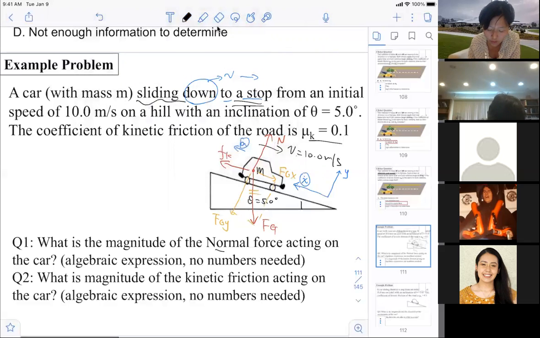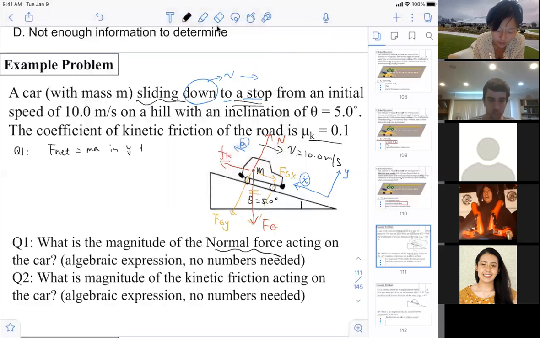First of all, to find normal force, that is something we have done multiple times. We just need to apply Newton's second law in the Y direction. So there are only two forces in the Y. At this point, anybody could simply say right away what the normal force is going to be.